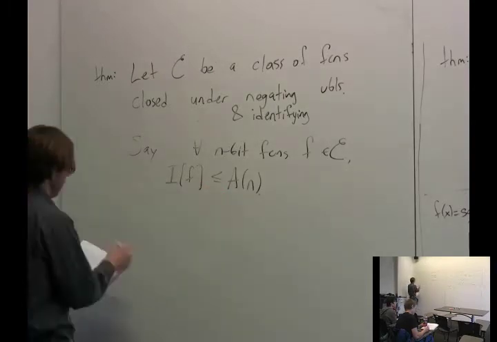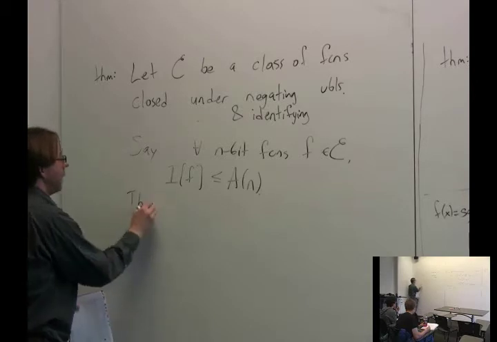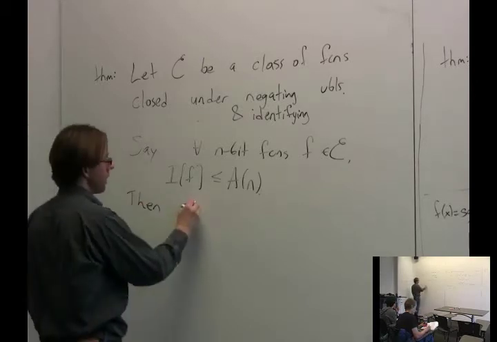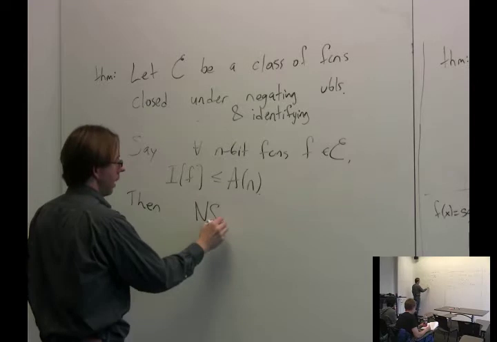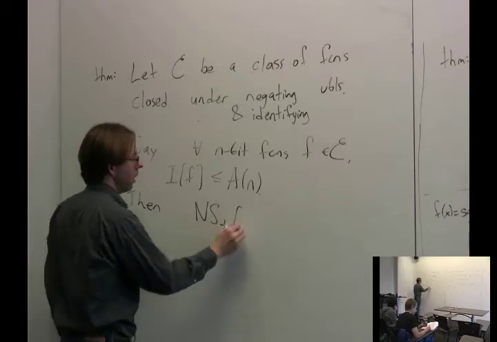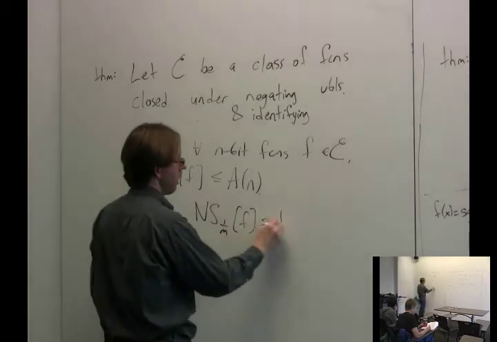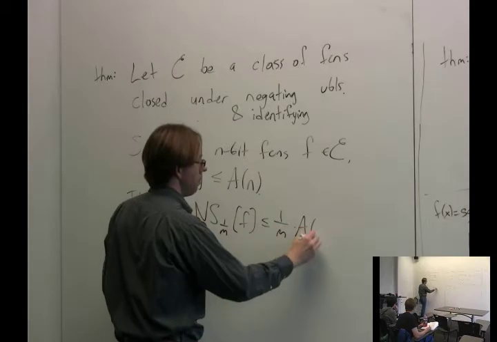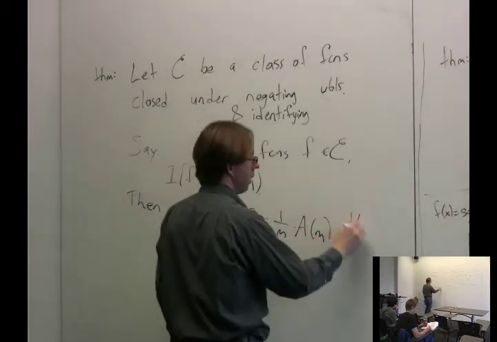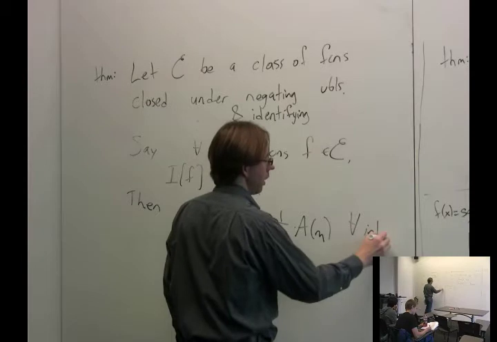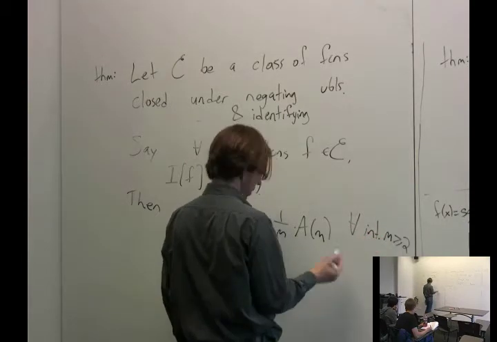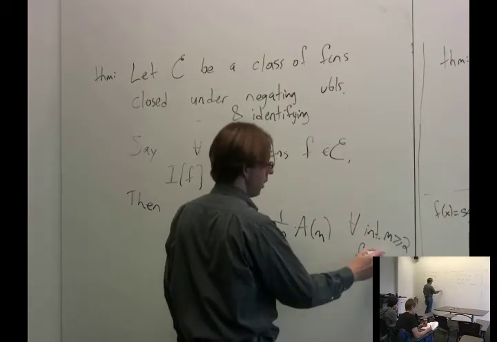Then you can get a noise sensitivity bound for the class: the noise sensitivity at 1 over m of f is at most 1 over m times a of m, for all integers m at least 2 and f in the class.